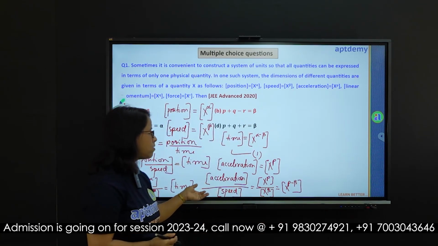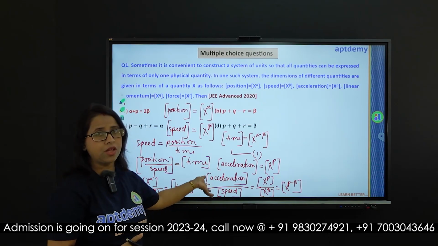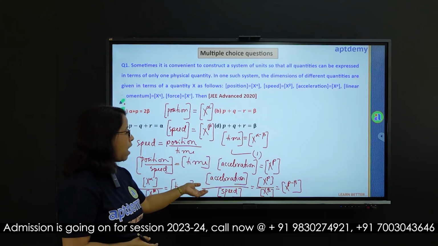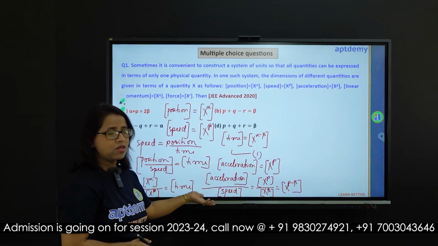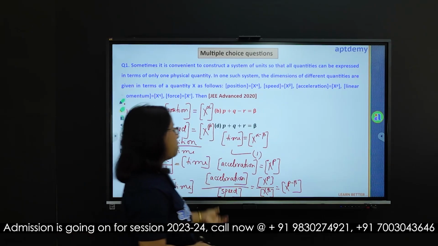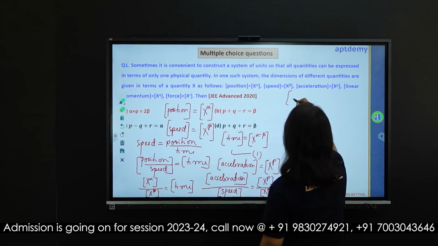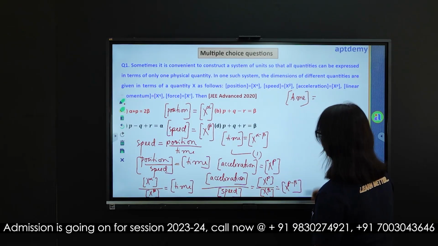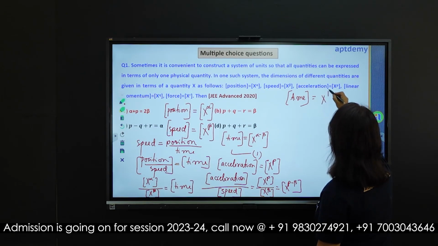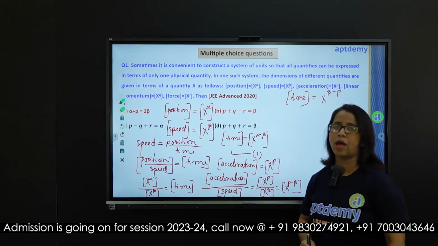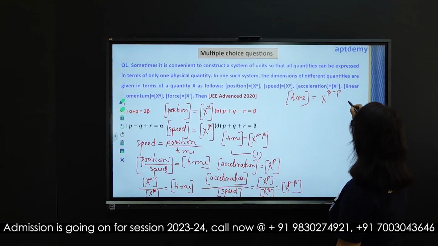Now let us try to understand the dimensions of this particular ratio. Acceleration is nothing but velocity by time and speed is nothing but velocity. So this has the dimensions of 1 by time, or from here we may write that the dimensions of time are basically x to the power beta minus p, just the reverse of this, as this is bearing the dimensions of 1 by time. So let me take this relation as equation number 2.